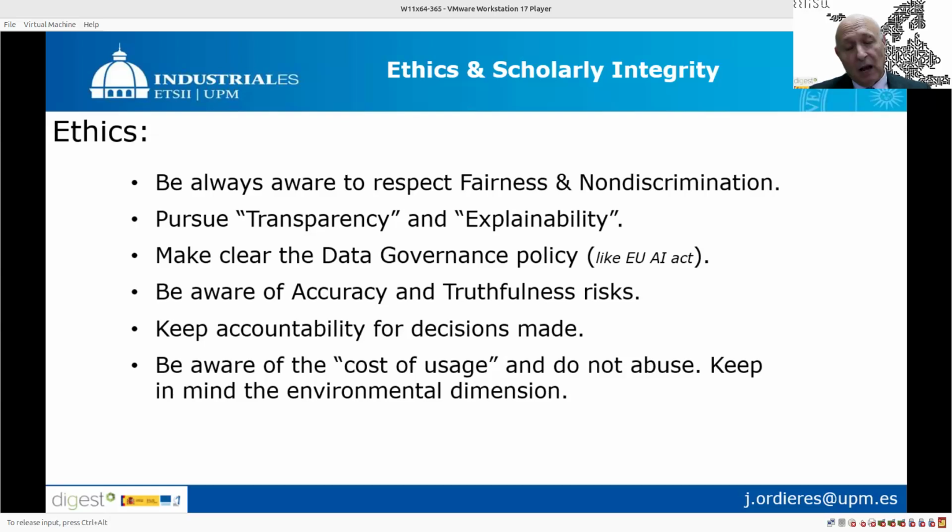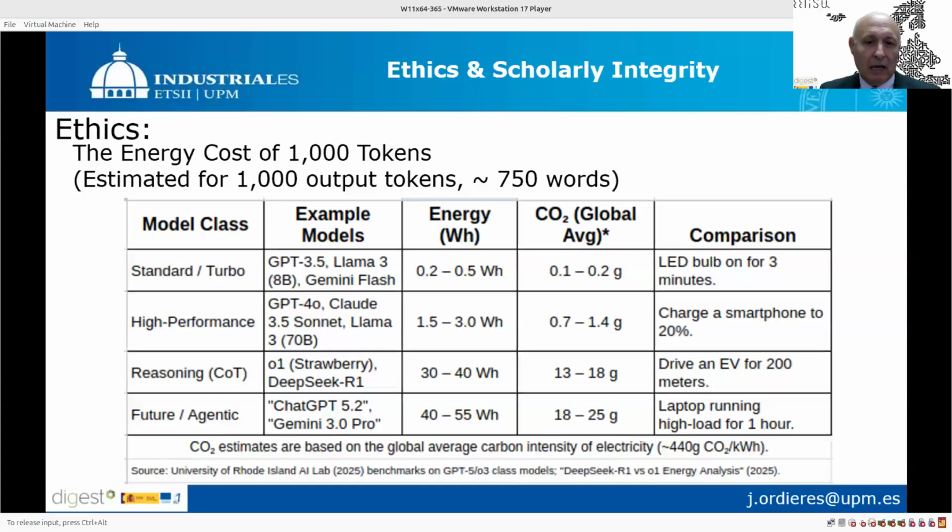And then for sure, be aware that those systems are extremely expensive and extremely energy consuming. So we are paying now a very low fee, which doesn't cover the total cost of the technology. Probably in the future that will rise, but just for you to be aware, here are small figures about the cost of generating 750 words of text.